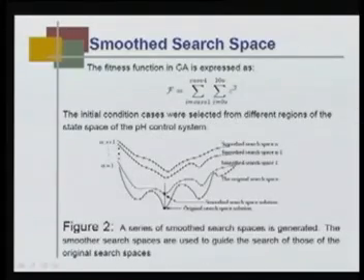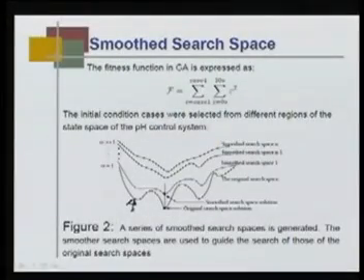So, pictorially you can easily see this is my actual search space in which I am moving. What you are seeing is my error curve or cost function versus the parameter, the parameter for which I am trying to minimize or optimize the cost function. What is the meaning of the smooth search space is that I am introducing a new parameter called alpha.